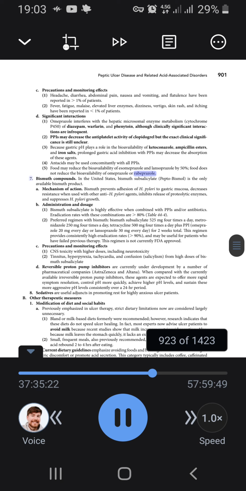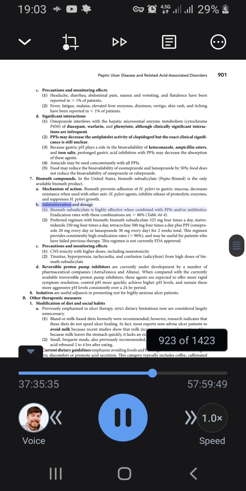7. Bismuth compounds. In the United States, bismuth subsalicylate, Pepto-Bismol, is the only available bismuth product. A. Mechanism of action. Bismuth prevents adhesion of H. pylori to gastric mucosa, decreases resistance when used with other anti-H. pylori agents, inhibits release of proteolytic enzymes, and suppresses H. pylori growth.